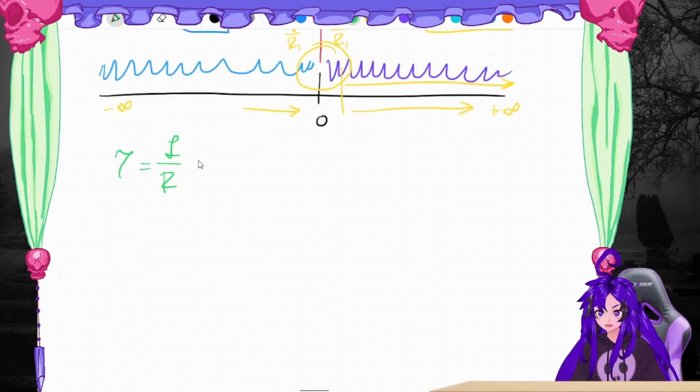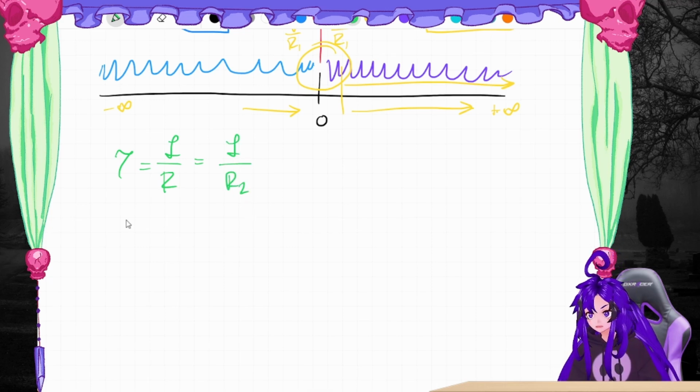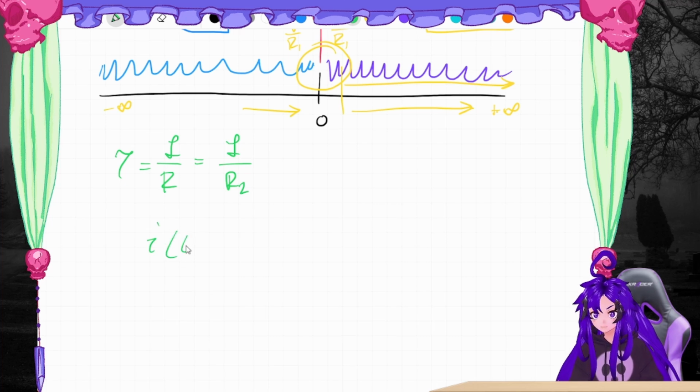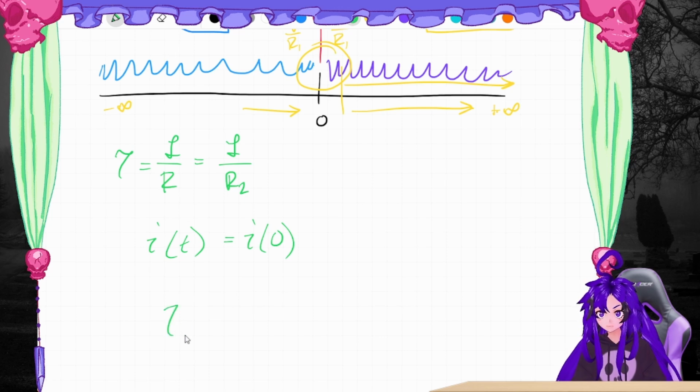So this becomes L over R2. And that's it. So if we want I of t, we need I of 0, right? Because we need I0 for this form of equation, because it's I of t equals I0 e to the minus t over tau in amps.